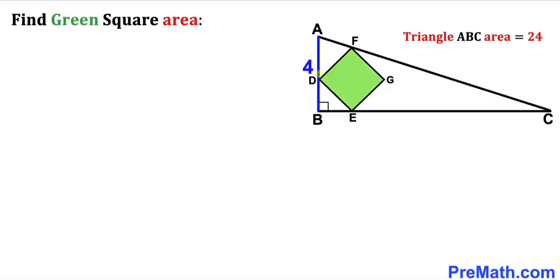And moreover, these points of the green square, D, E, and F, lie on this triangle ABC. And now our task is to calculate the area of this green shaded square DEFG.